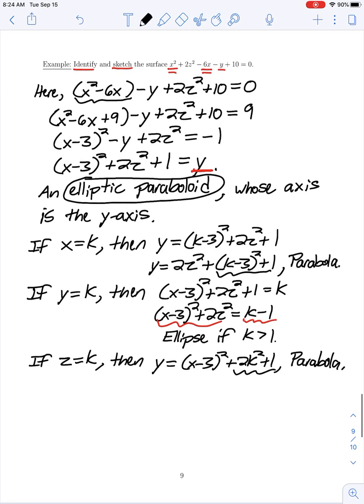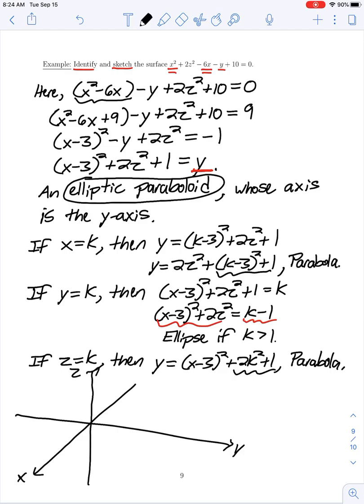So let's see if we can sketch this thing. So we have in our x, y, z space these different traces.